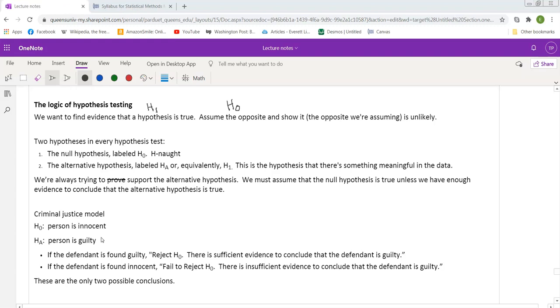Okay? So, for every hypothesis test, it's either going to be reject H0, there is sufficient evidence to conclude what the alternative hypothesis says, or fail to reject H0, there is not sufficient evidence to conclude what the alternative hypothesis says.